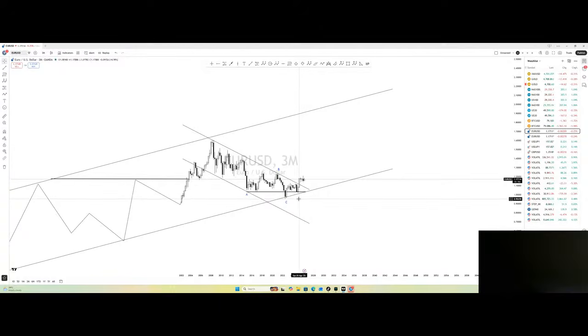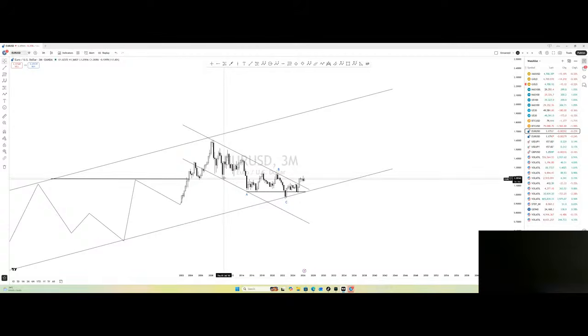So each candle, guys, represents 3 months. So you can see that from that high price, price of Euro USD was just buying, if you understand what I've just explained.